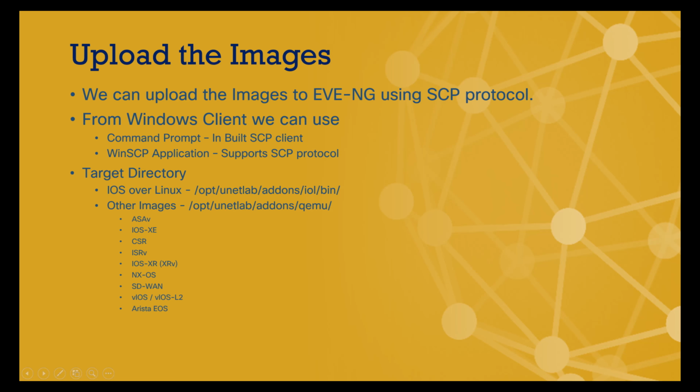Once the EVE-NG web UI is working, it is time to upload the network or security device images. To upload the images, we can use the command prompt, since the Windows command prompt nowadays comes with an SCP client. To demonstrate the process in an easy way, I am going to use the WinSCP application.